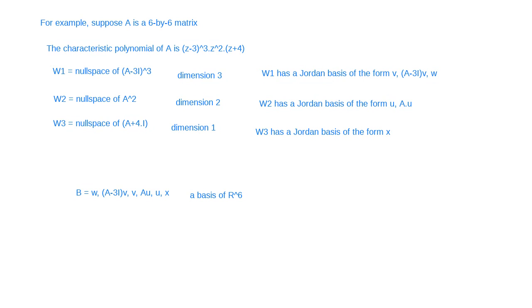And then I just do the same thing that we would do if we were trying to diagonalize. So I put P to be the matrix whose columns are these vectors of B. So we have W, A minus 3I times V, and then V, and then AU, and then U, and then X, in columns.